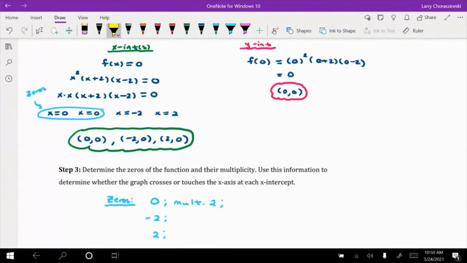Now, 2 happens to be an even number. And what did we just learn about zeros of even multiplicity? Do they cause the graph to touch or cross?